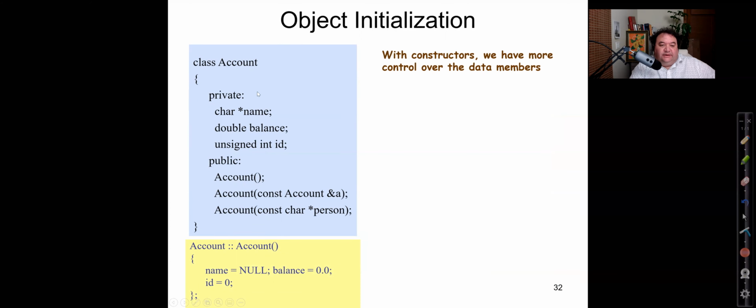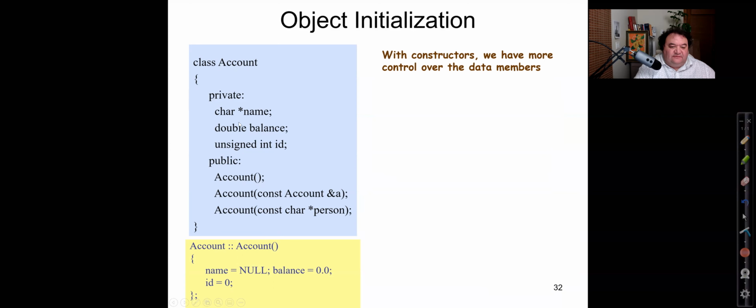So here we have another simple example of an account. We look at the name, balance, and the ID of the account. And then we have a few constructors, one for copy, one for no parameter, and one with particular values.